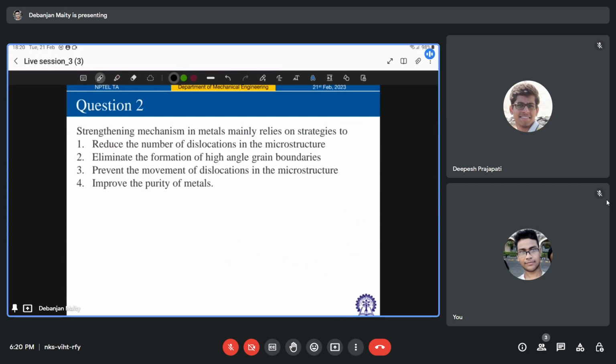So in question two, it says strengthening mechanism in metals mainly relies on strategies to. There are four options. One is reduce the number of dislocations in the microstructure, eliminate the formation of high angle grain boundaries, prevent the movement of dislocations in the microstructure, and improve the purity of the metal.